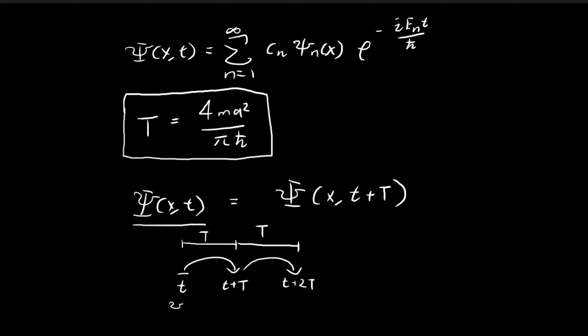So at this point, your wave function looks like ψ(x, t), and then at this point, your wave function also looks like ψ(x, t), because ψ(x, t + T) is actually equal to ψ(x, t). So in the end, this pattern just keeps repeating itself. And so this capital T is going to be the so-called revival time.